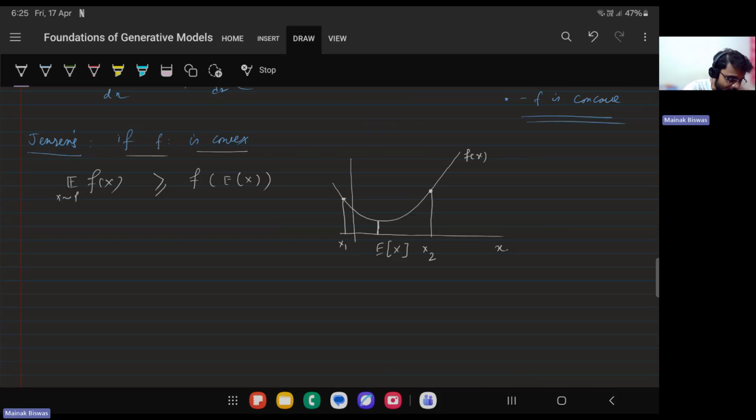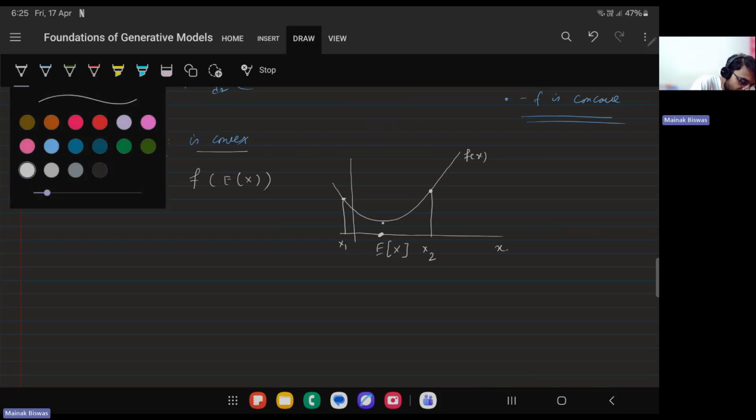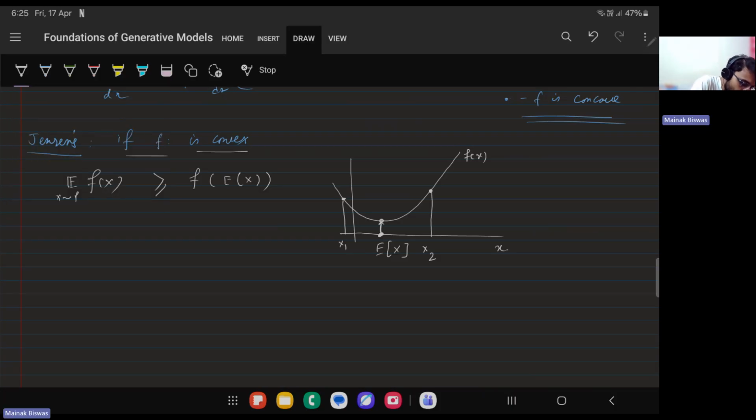So if this is the expected value of x, which is in the middle, what you will see is, this is my f of expected value of x. Just from the graph, I can clearly see this. Similarly, I have f of x1 here and f of x2 here.